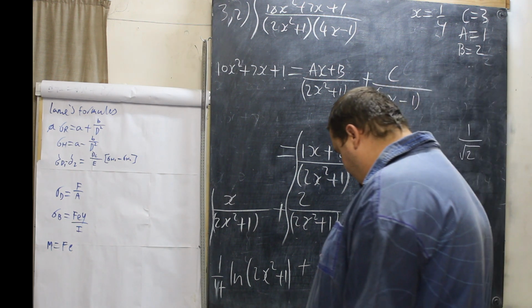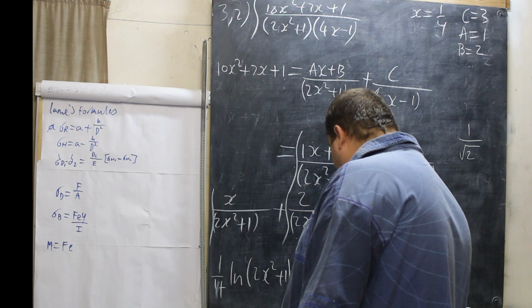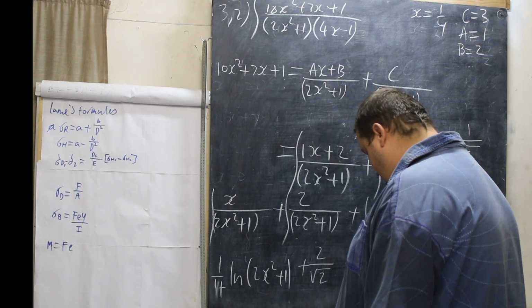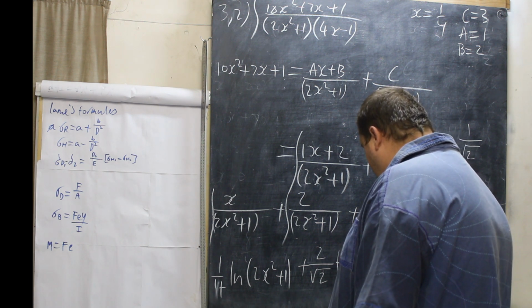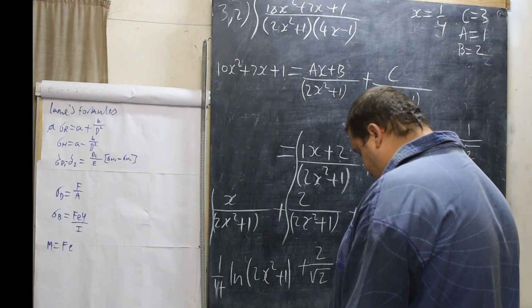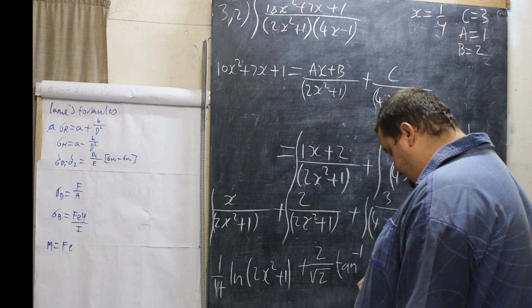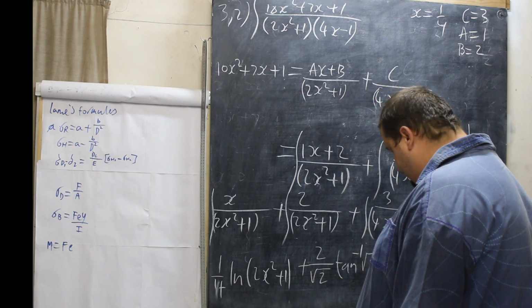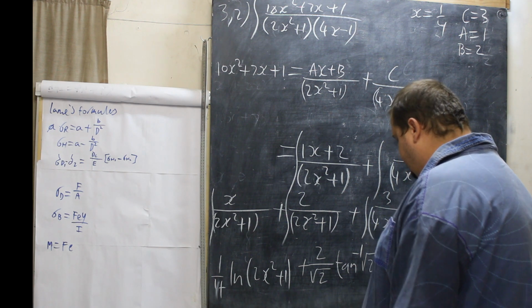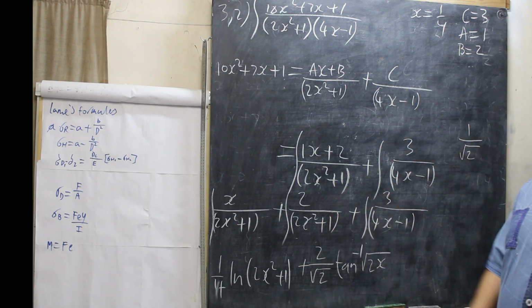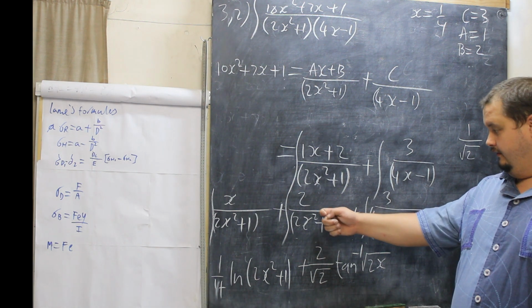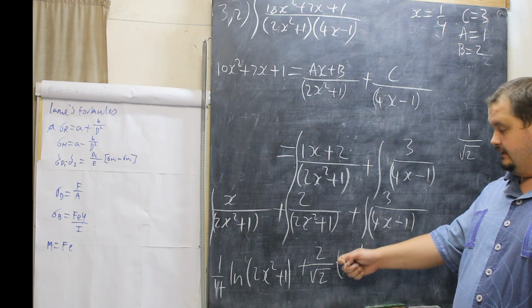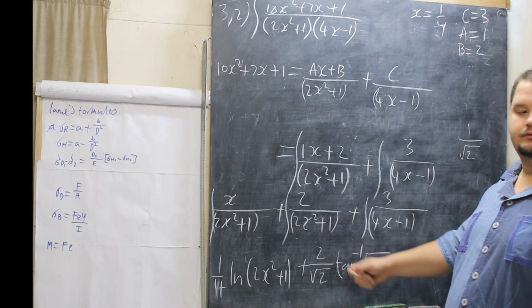So our answer will be 2 over the root of 2 tan inverse, this is a formula that's done in your formula sheet. This is the integral of this as it stands in your formula sheet.